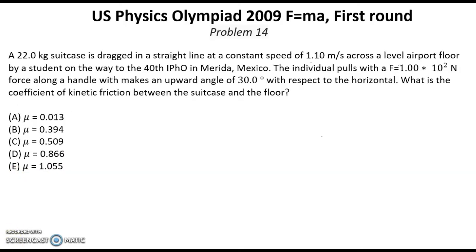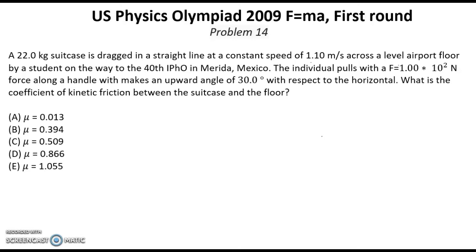Problem number 14. A 22 kg suitcase is dragged in a straight line at a constant speed 1.1 meters per second across a level airport floor by a student on the way to the 40th IPHO in Merida, Mexico.